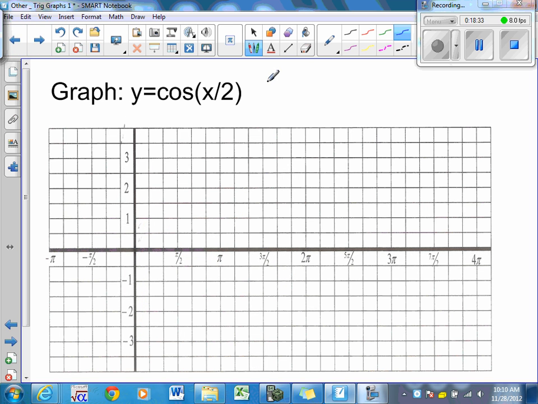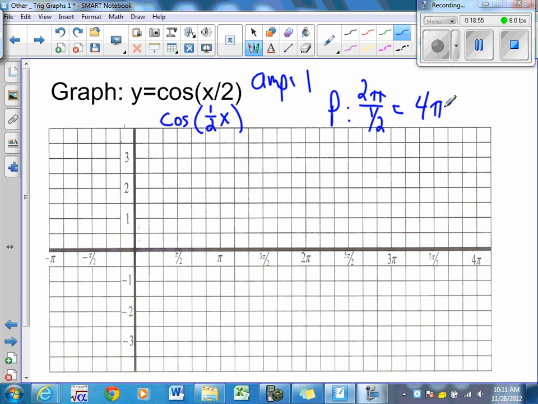Let's try this one. My amplitude's 1, no change there. My period, now think of this as cosine of 1/2 x, is 2 pi divided by 1/2, which is 4 pi.